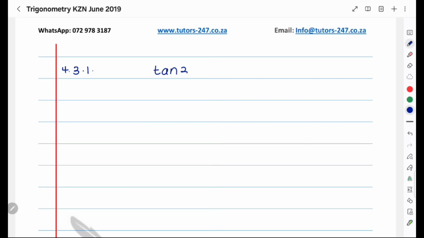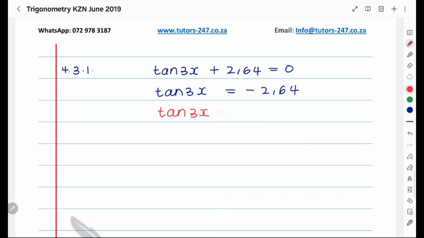So we have tan 3x plus 2.64 is equal to 0. From here, we are going to solve for tan 3x. We solve for our ratio by moving 2.64 to the right and making it negative. Now we know that tan is equal to something negative.